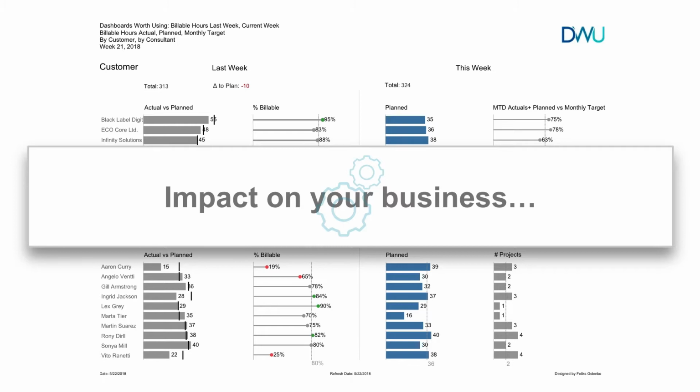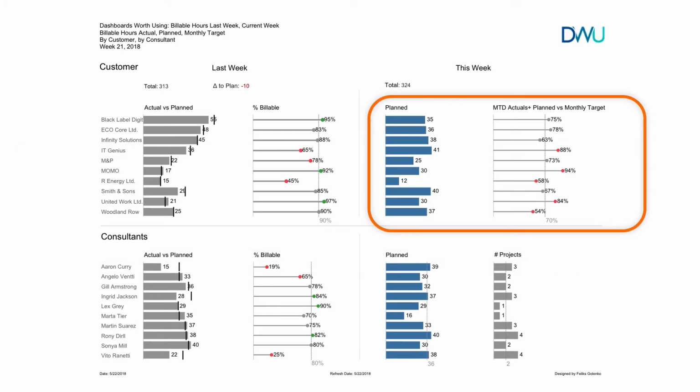Now, what impact on your business would it mean if you knew on a weekly basis the weekly plan, the weekly allocation that you and your account managers have created, in comparison together with month-to-date actuals compared to the monthly target? In other words, if you knew every week which of your customers are overserved and which are underserved.